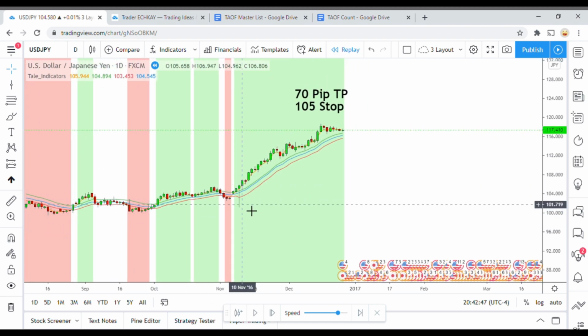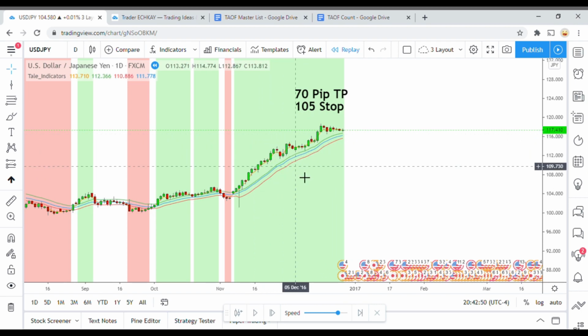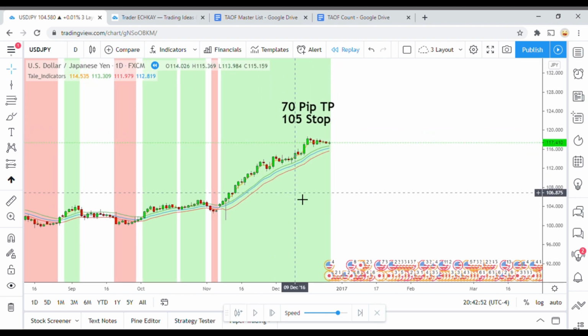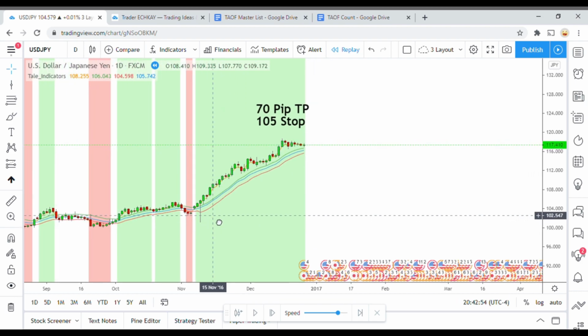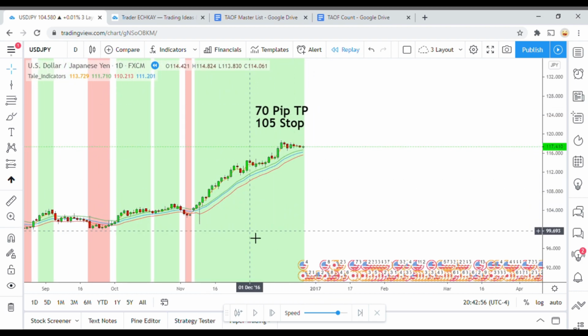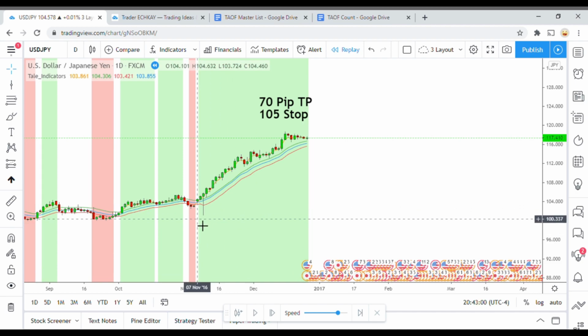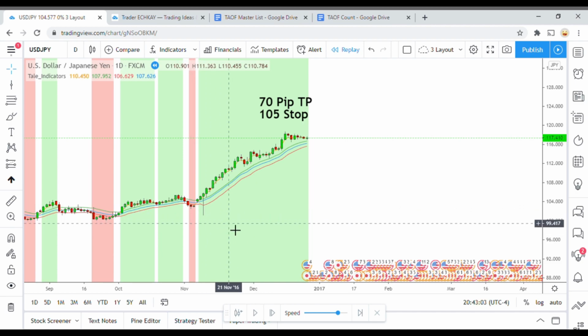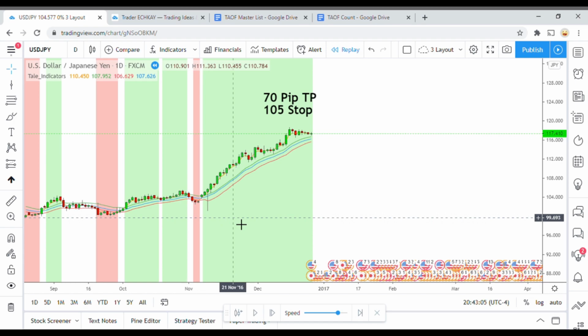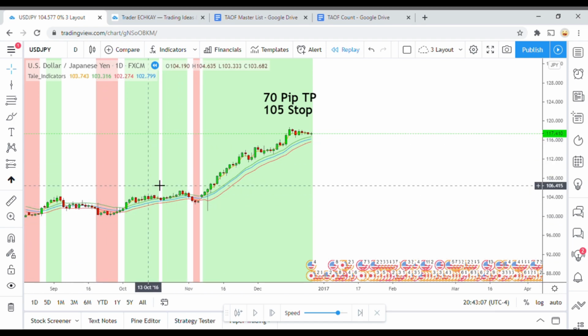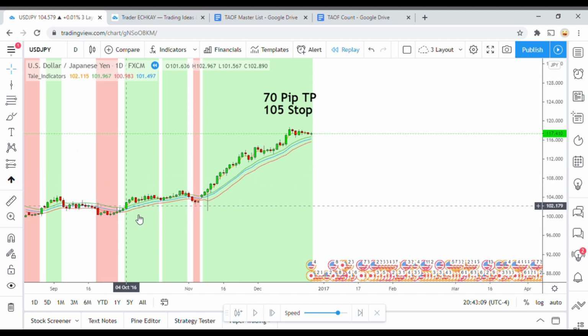When it turns green, that's a signal to go long. Now, it did have its own stops built into this a little bit, but of course, we're going to use our stop system that we have always been using. And like I said, all in all, it's not that difficult of a setup.